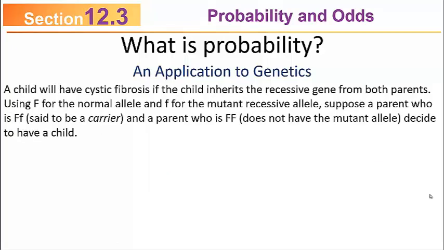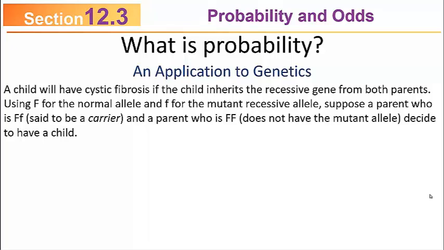How about this? A child will have cystic fibrosis if the child inherits a recessive gene from both parents. If we use capital F for the normal allele, which is dominant, and little f for the recessive allele, suppose a parent who is capital F, little f, and again, that mixture of a capital with a little letter, that person is said to be a carrier.